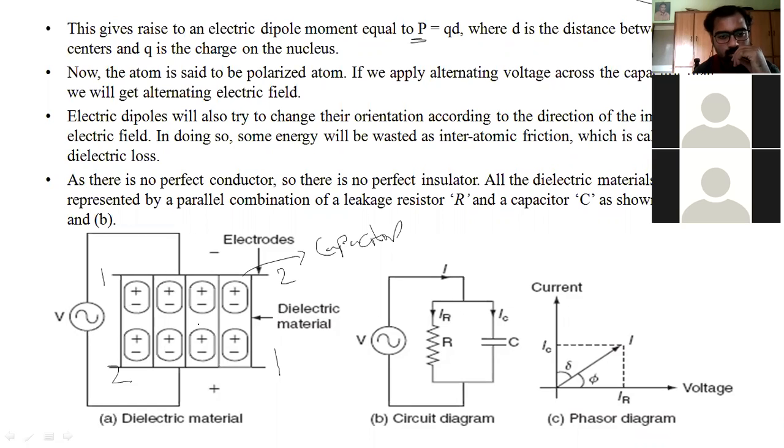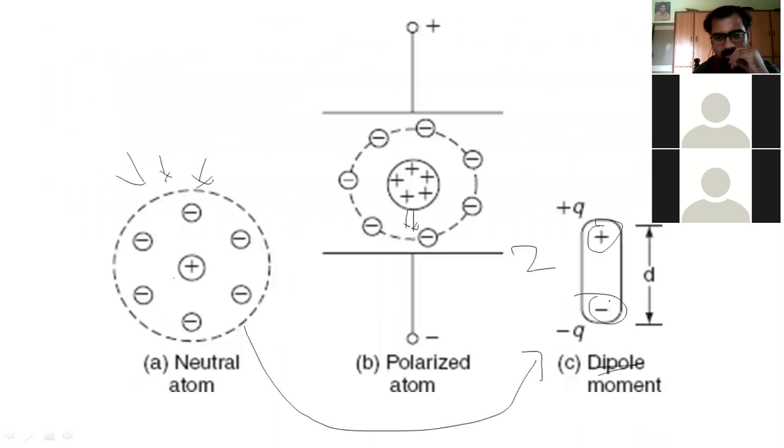the dipole moment that happens due to the polarization is shown in the equivalent circuit. This polarized atom is shown in the equivalent form, which is known as a dipole moment.